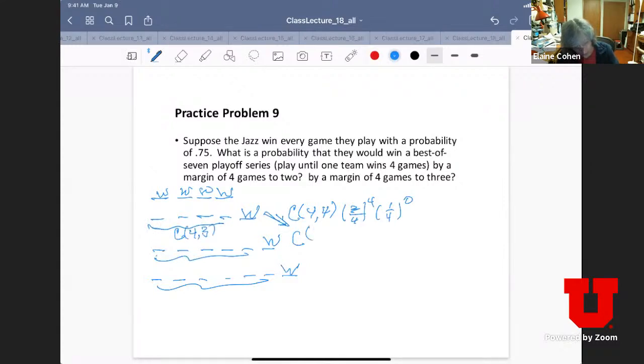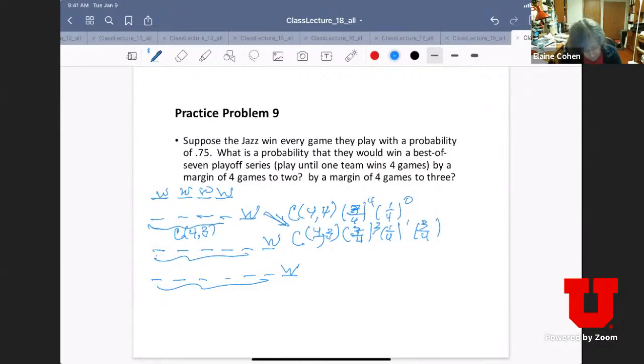So we have to have 4 choose 3. And then we have 1/4 cubed, 1/4 loss. And then we have the first one that they won. That's a 3. This is 3, 3/4.